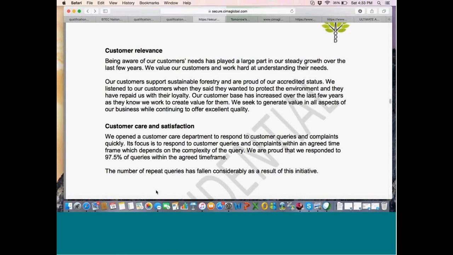Complaints may be related to, I don't know where these forests are, but maybe when you're taking the wood, the trees from one place to the other, using trucks, using heavy vehicles, this might be causing a big problem to the residents, right? So the forests are in one place.